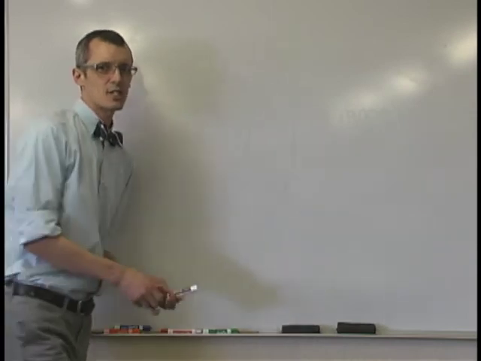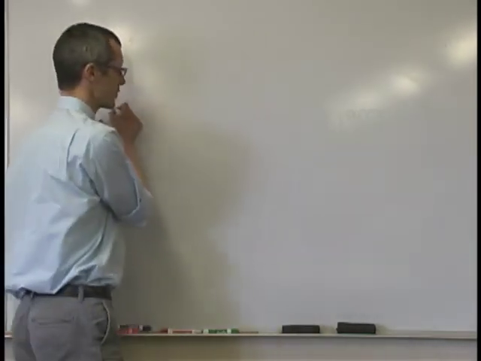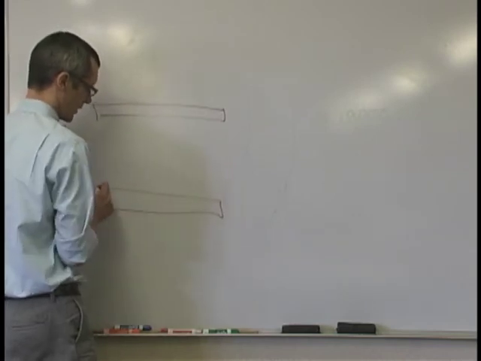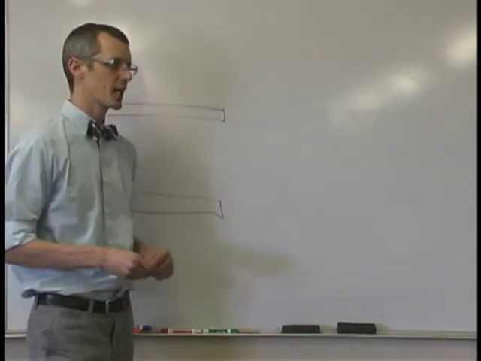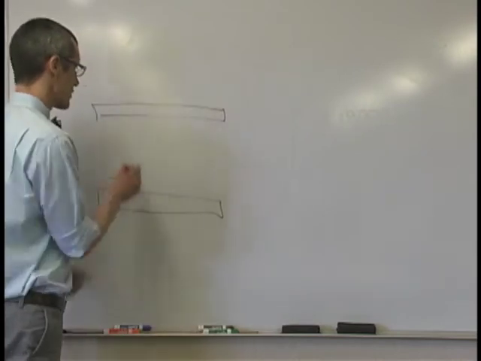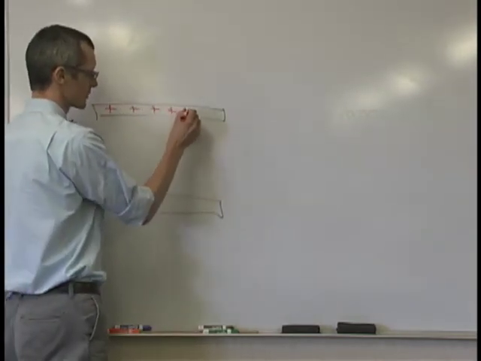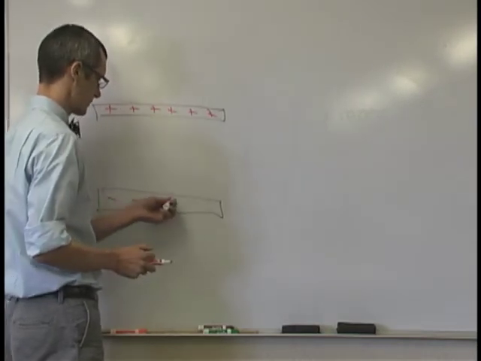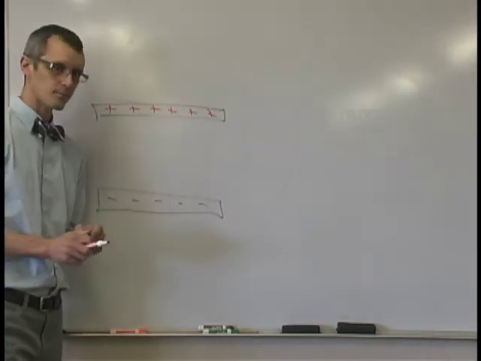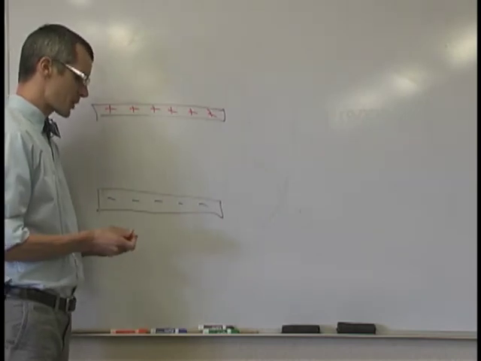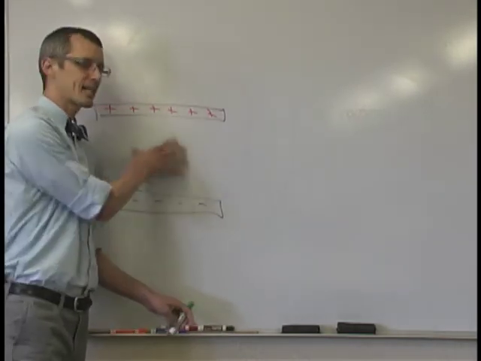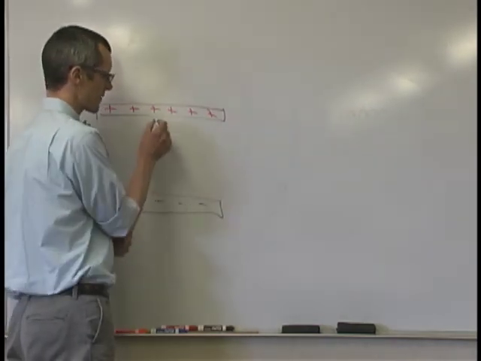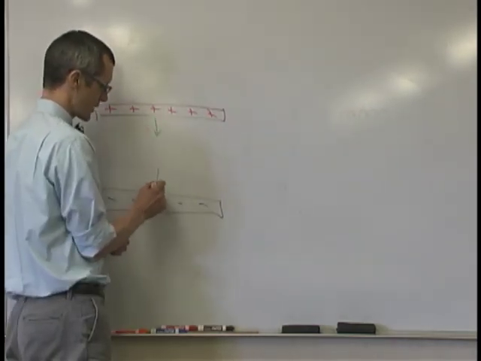One special situation that we went over is the case where we had two plates, each of which had a distribution of charge on it. So let's say I have these two plates and I have positive charge up here and negative charge down here. What happens in this special situation is that in between the plates I get an electric field that's very, very uniform, meaning I would have the same force up at the top as I do at the bottom.